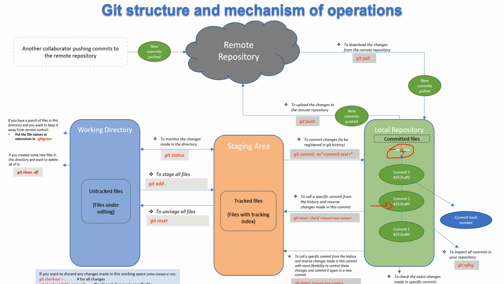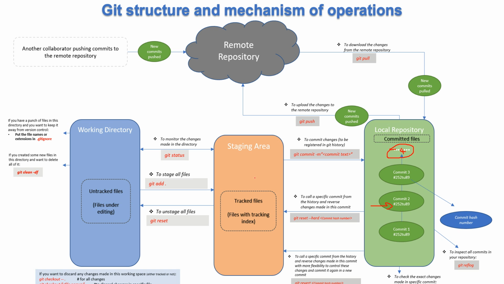For you to get the updates created by your colleague, you need to do git pull. In this case you download the changes from the remote repository into your local repository, and they are merged inside your local drive. That is exactly what happens, and that is why you use git push and git pull in this situation.